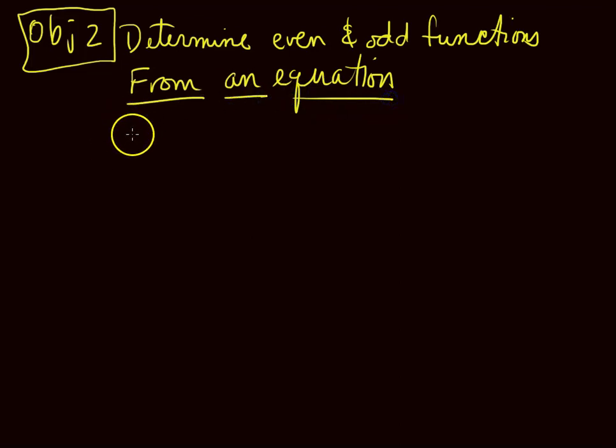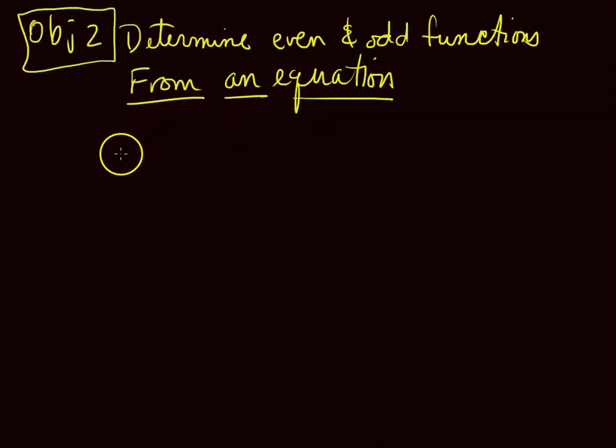So this is where we use the other definition for even and odd, the f of negative x stuff. So, what do you do? You replace x with a negative x, and you see what you get.